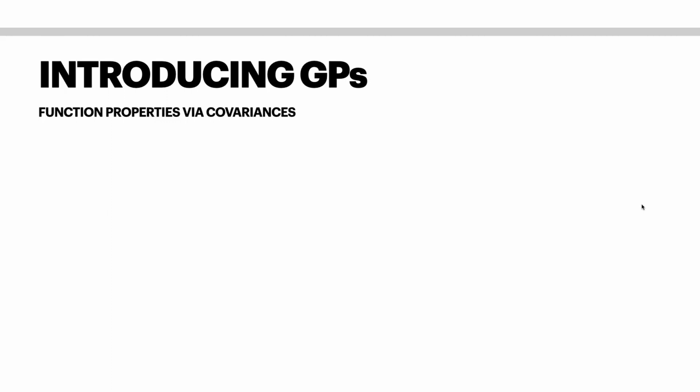Okay, so we know that the covariance function is the most important part of any GP. But what sort of function properties can you actually encode via covariances?